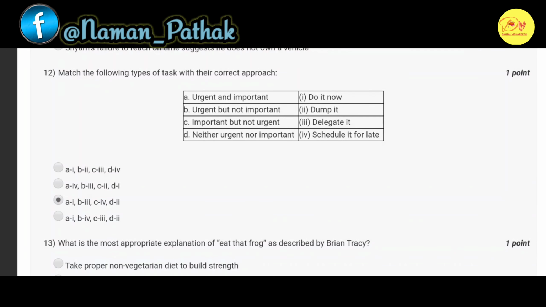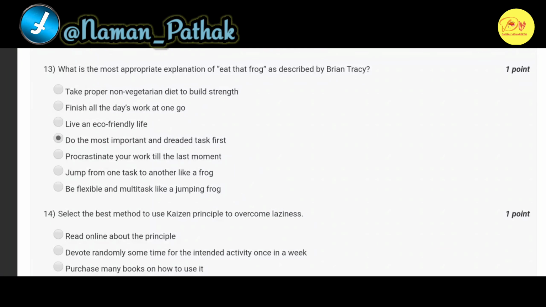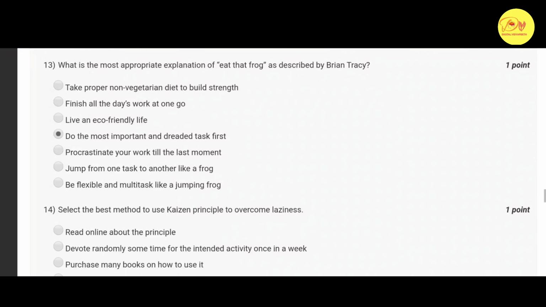And last, D with second, neither urgent nor important, dump it. Our 13th question is, what is the most appropriate explanation of eat that frog as described by Brian Tracy? Correct option is D, do the most important and dreaded task first.